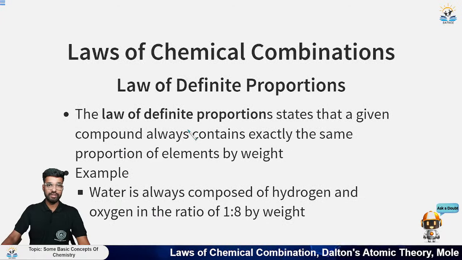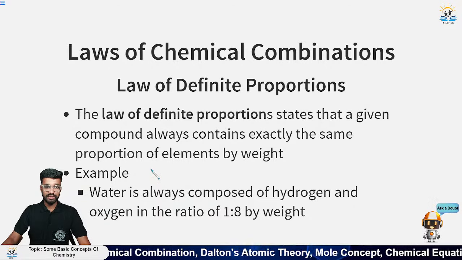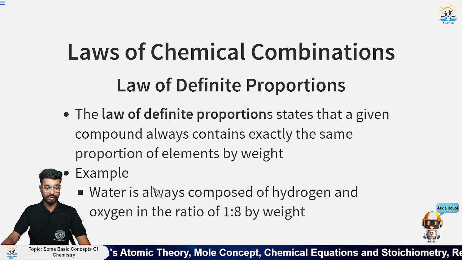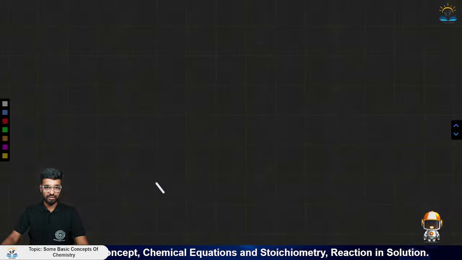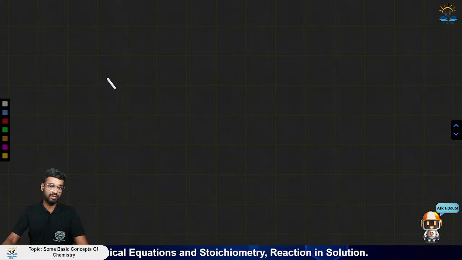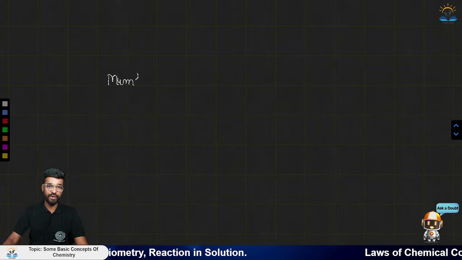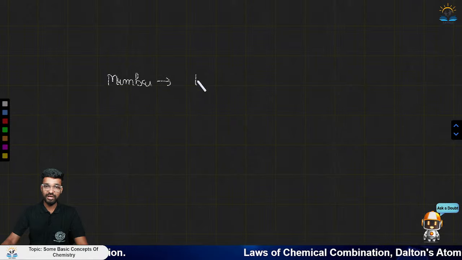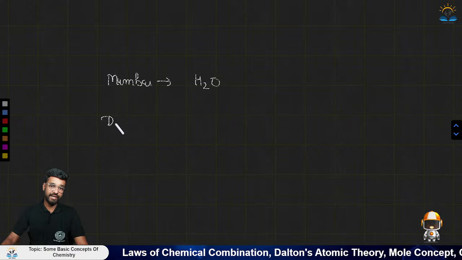The next law is the law of definite proportion. If you take water or any other compound, then the elements present in it are present in a definite ratio. It does not matter what the source of that compound is. Suppose I take water from Mumbai, then its formula will be H2O. Now suppose I take water from Delhi.